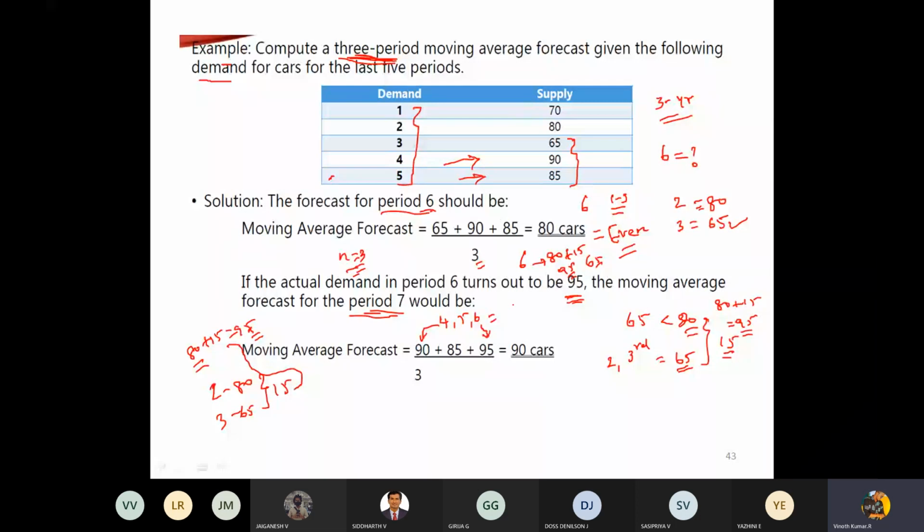No need to take 80. You just take the average of these three, and it comes to 90. Here 90 is an even number or odd number, you just check. If it is an odd number, there is no problem to center that value.